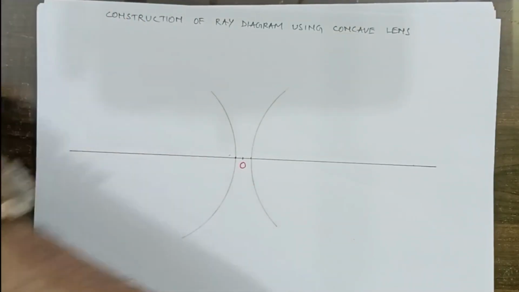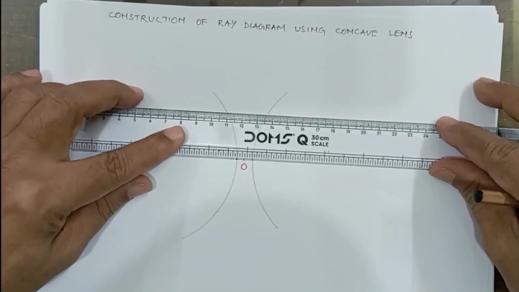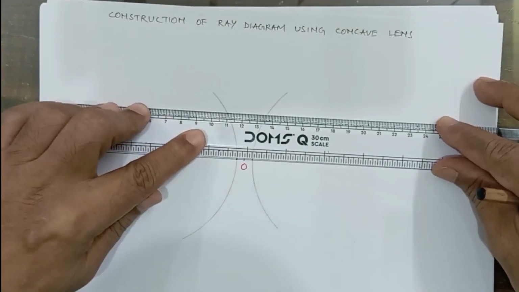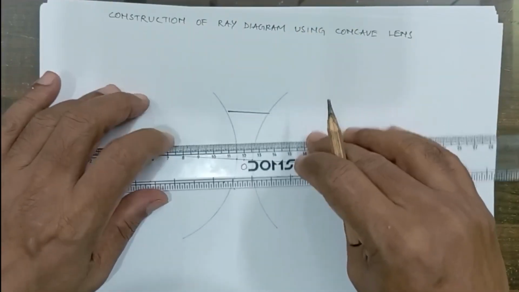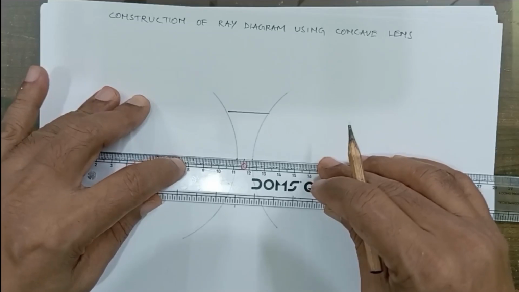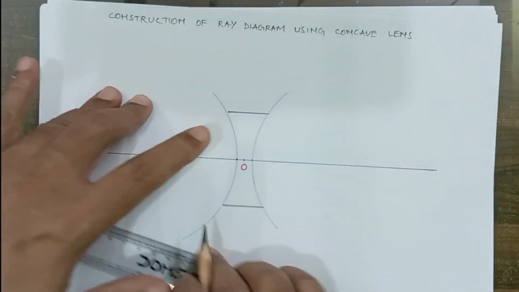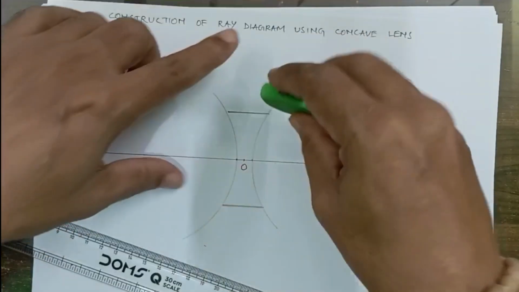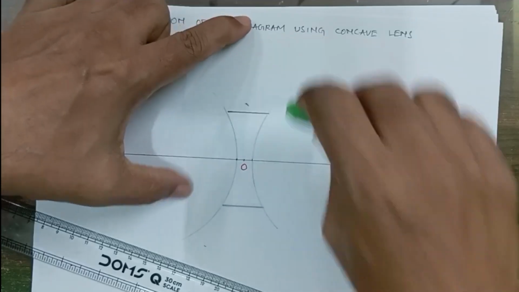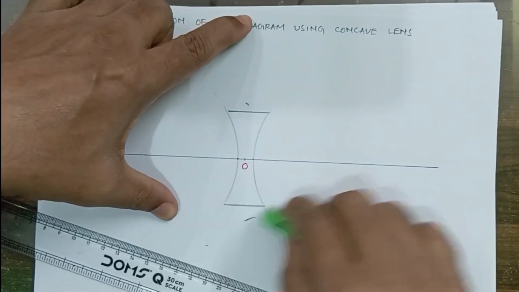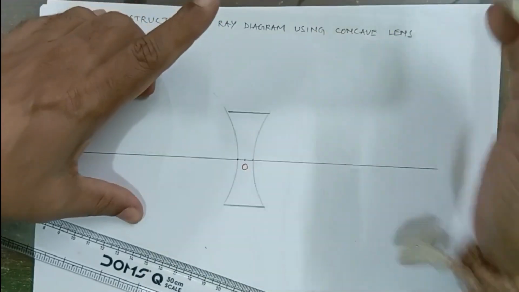Now draw the horizontal portion of the lens. So this is how your concave lens looks.